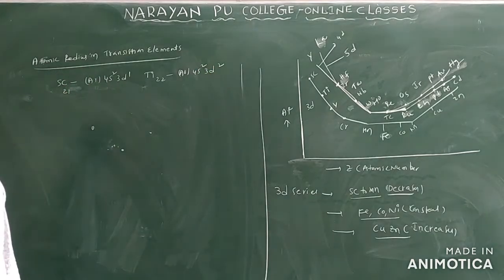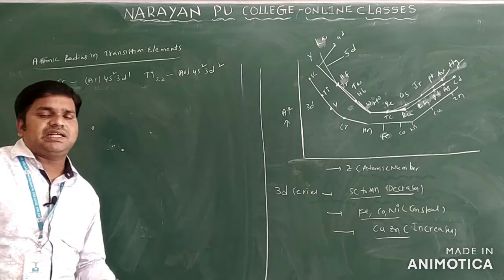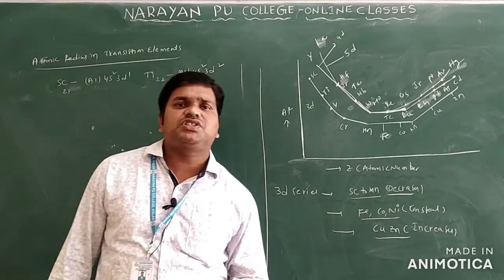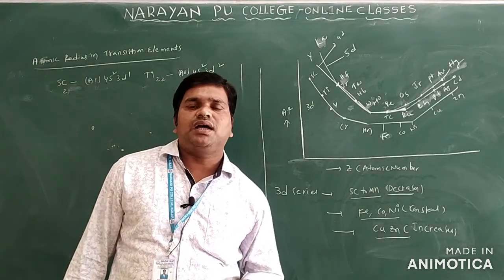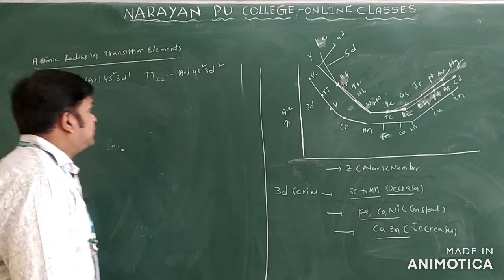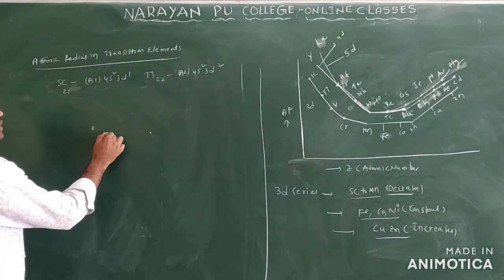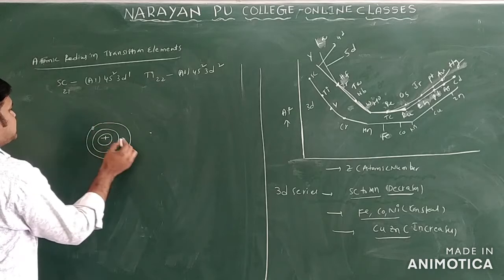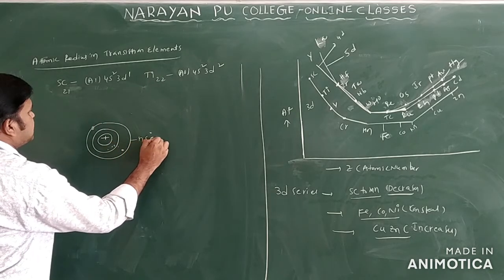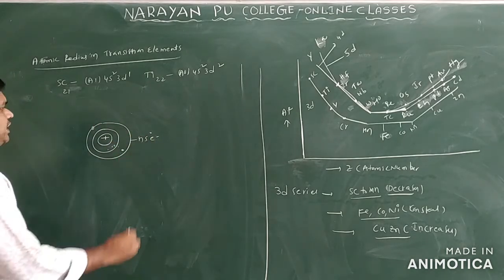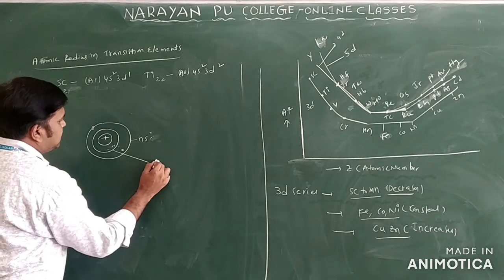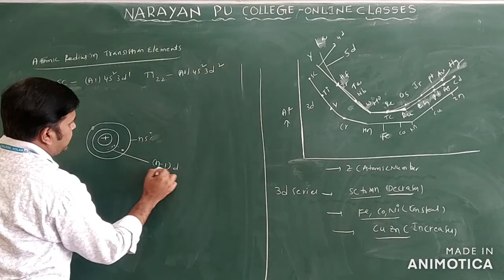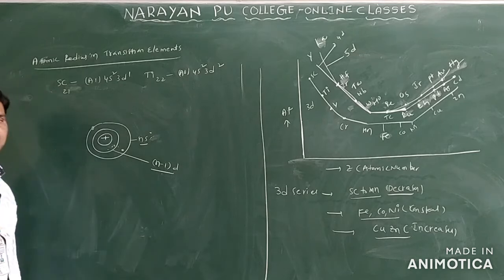In this 3D series, the d electron enters the same subshell, the (n minus 1) d subshell. Now you can see this is the nucleus. Let us imagine these are the ns electrons, and this is the (n minus 1) d orbital.